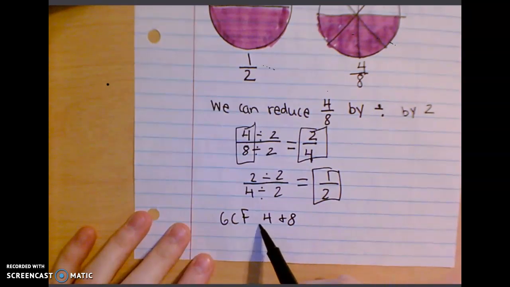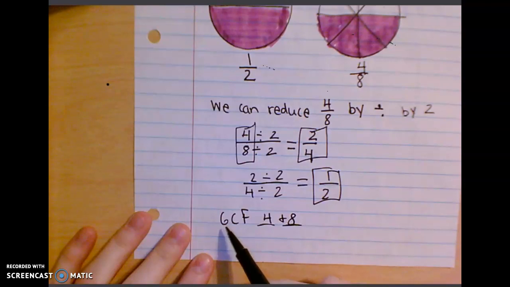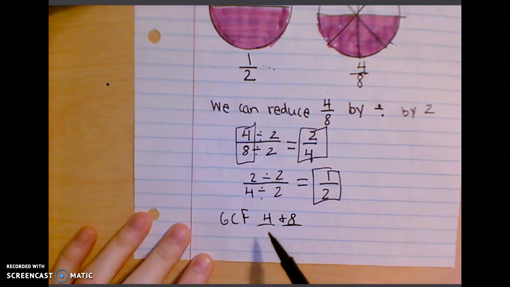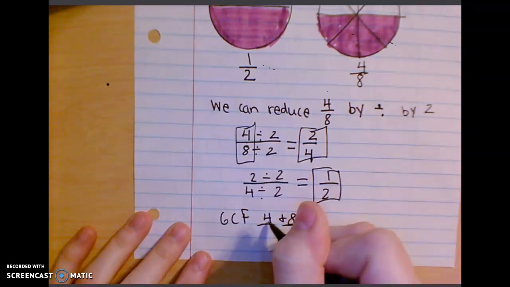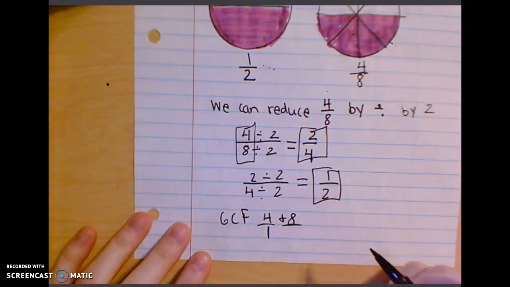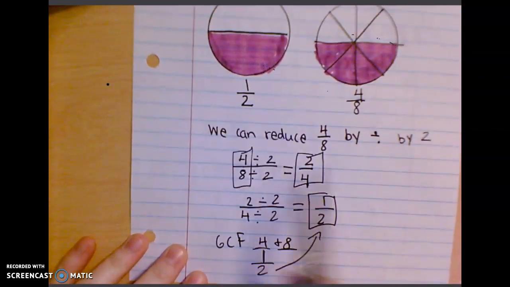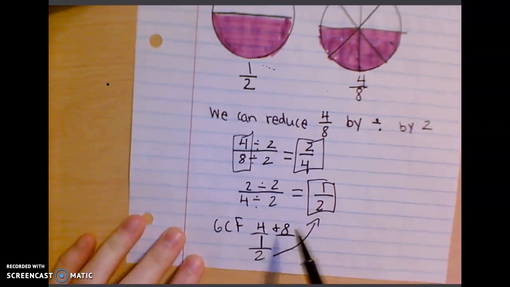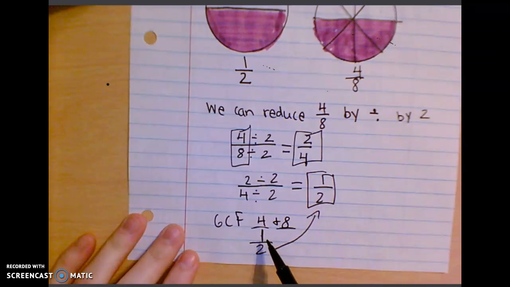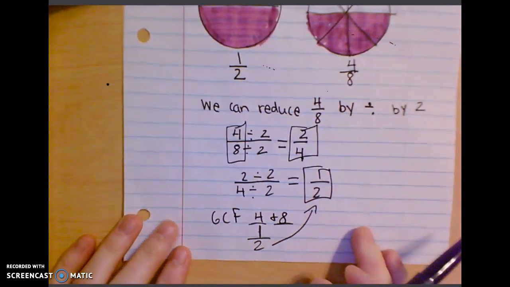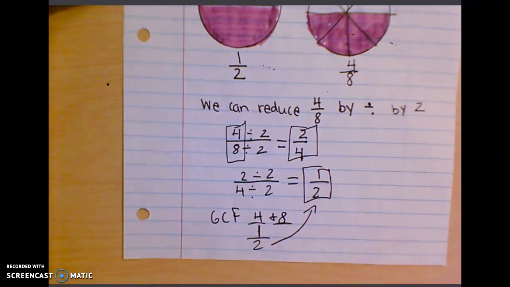If we find the greatest common factor, the largest number both of these have in common, it's not 2, but what? 4, okay? So 4 goes into itself 1 time, 4 goes into 8 2 times. So then we eliminated this step and we just had to reduce once. If you find the GCF, that's going to save you having to reduce more than once.